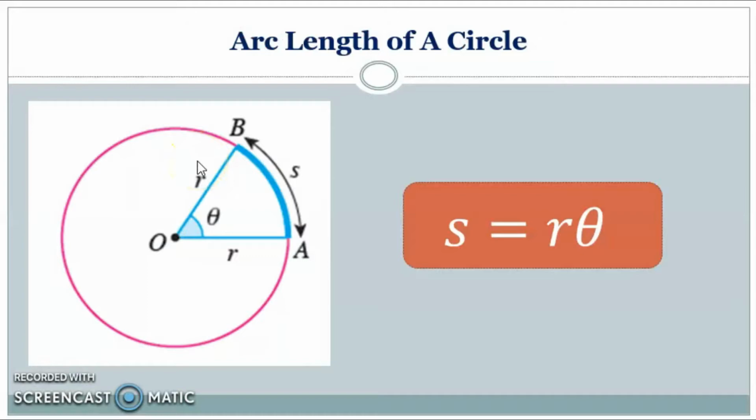Based on the definitions of 1 radian that we learned previously, the arc length of a circle, here AB, represented by S, can be found by using the formula S equal to R theta, where S is the arc length and R is the radius, OA, and theta is the subtended angle in radian.